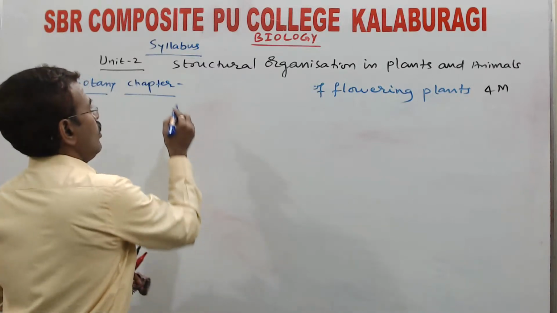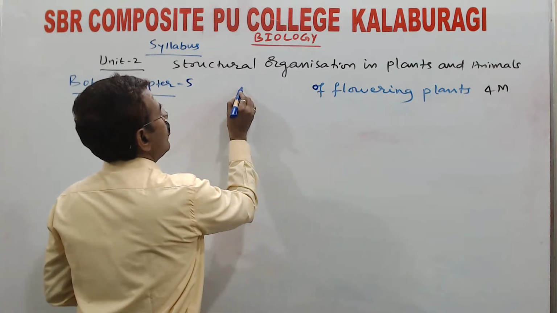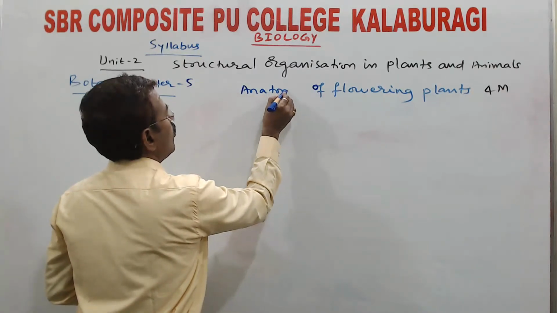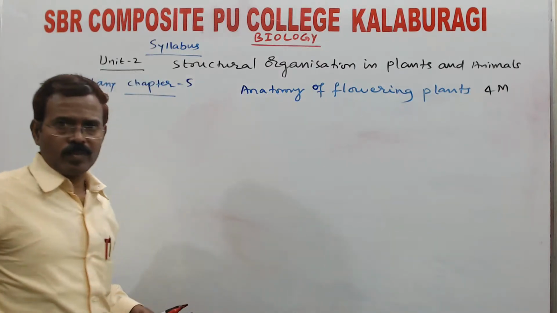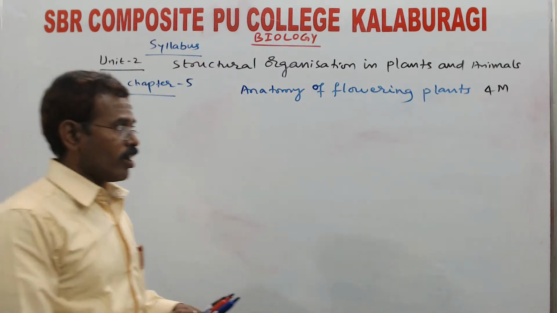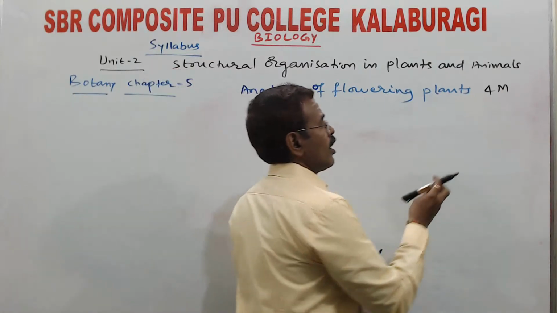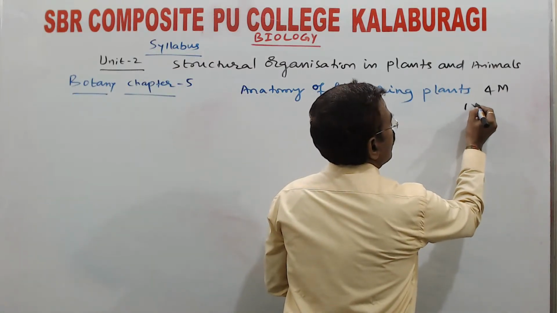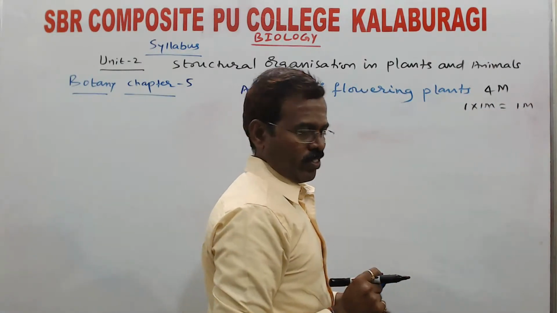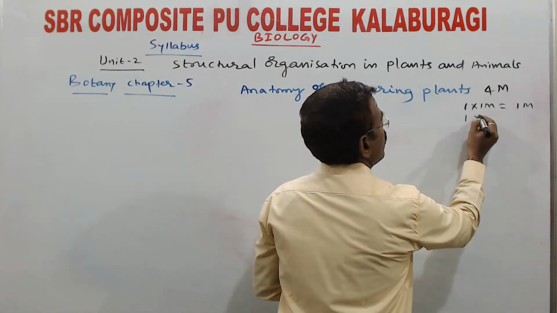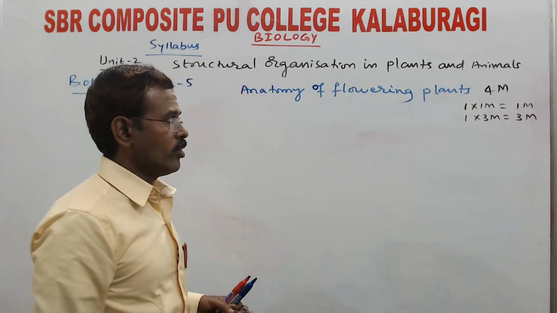The next chapter, number 5, is anatomy of flowering plants. From this chapter, 4-mark questions will come: one 1-mark question and one 3-mark question, so 4 marks.